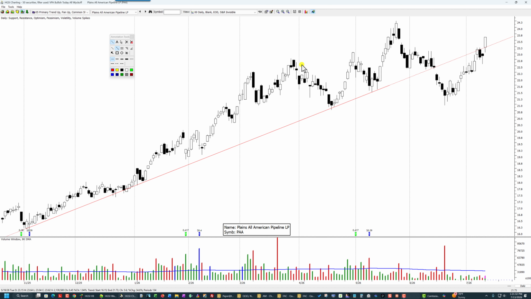But let's just do this. This here is a congestion area all through here. And then I'll click on this. Then I can adjust it.